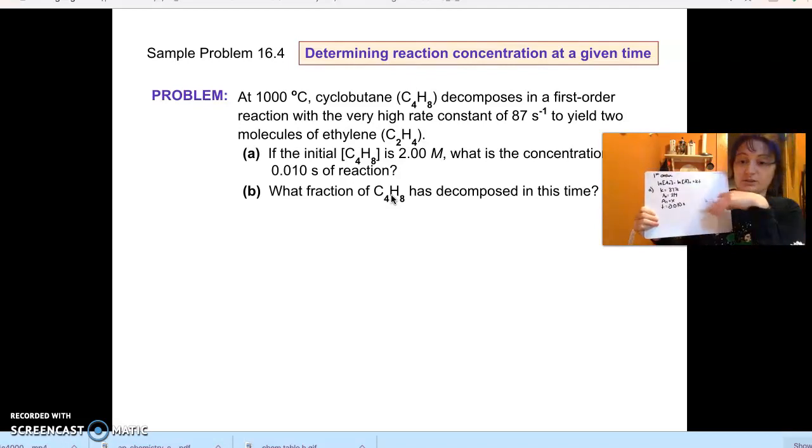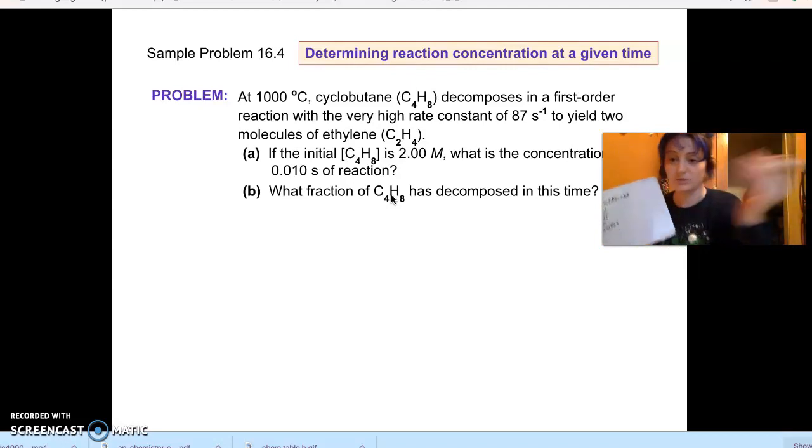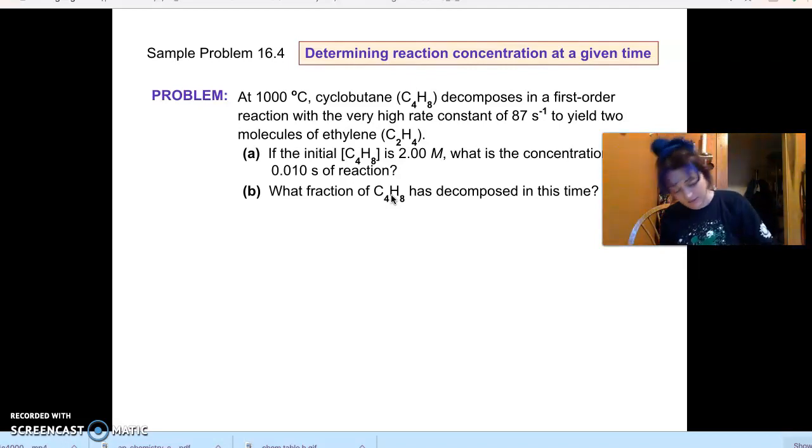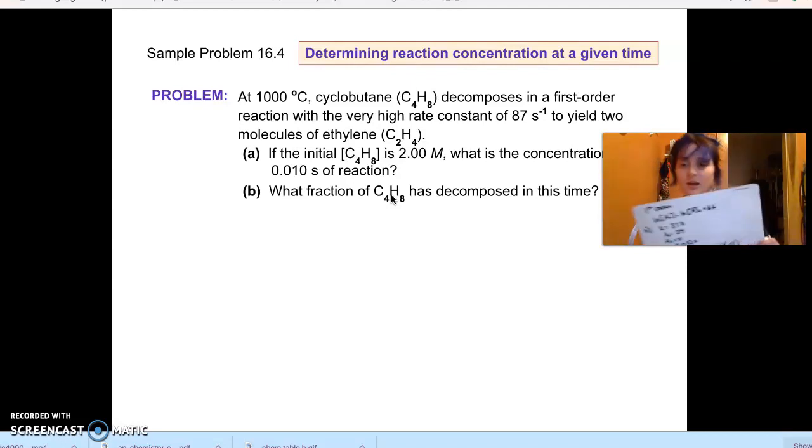All right, so all we're going to do is just plug right into this equation here and solve. So you just need to know where the ln button on your calculator is. So it's going to be ln of 2 minus ln of x equals k, which is 87, times 0.01.